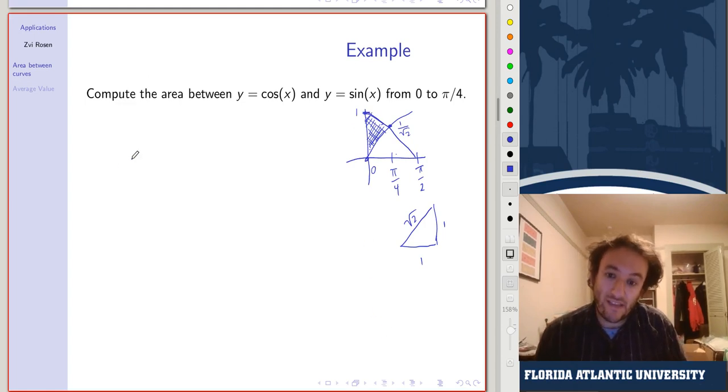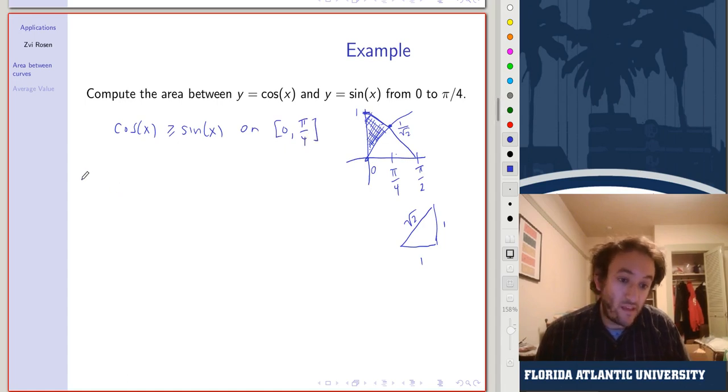Because cosine of x is greater than or equal to sine of x on this interval, in particular the interval 0 to pi over 4, we use the formula assuming cosine as our f and sine as our g.